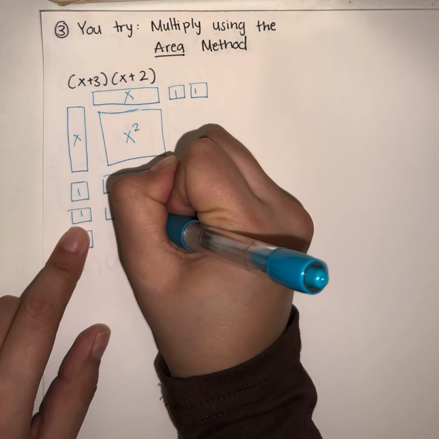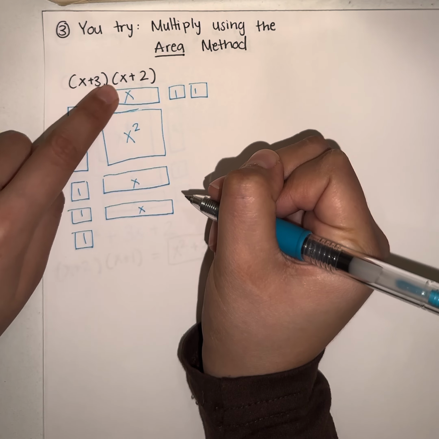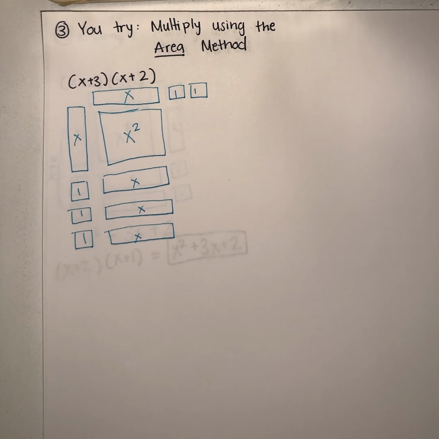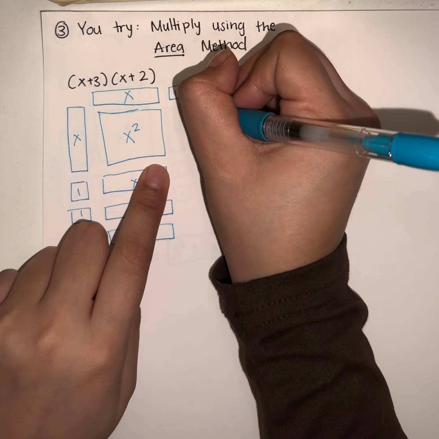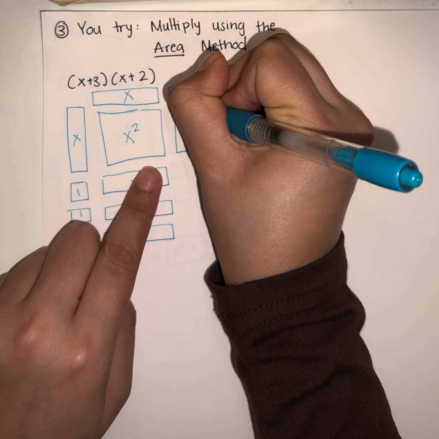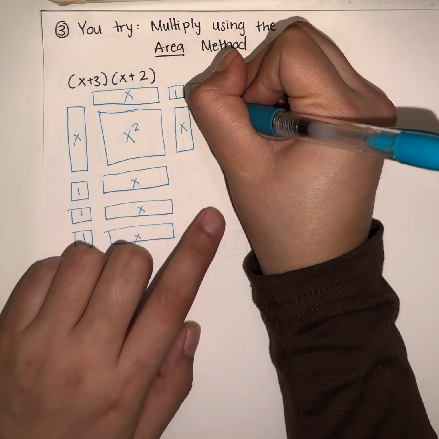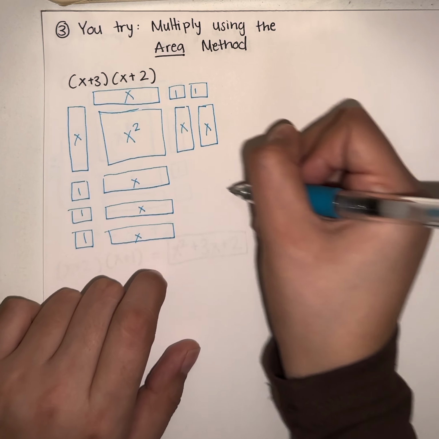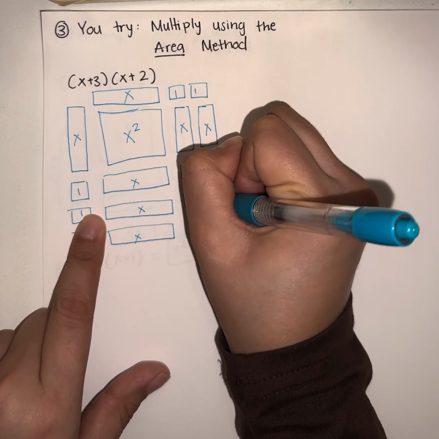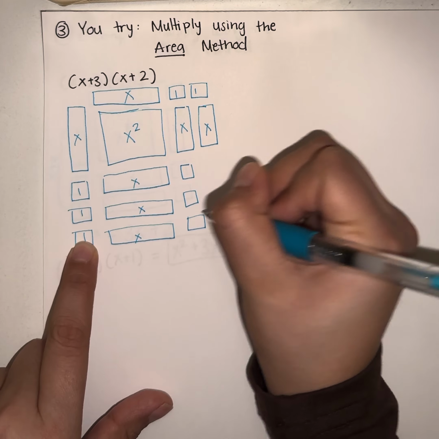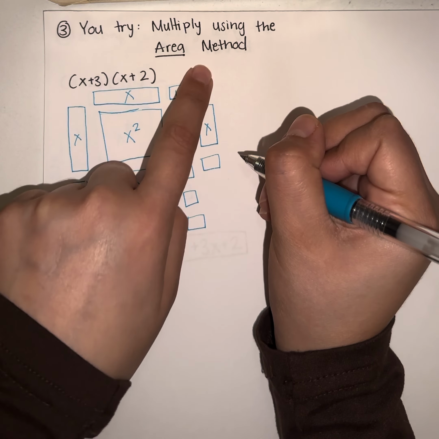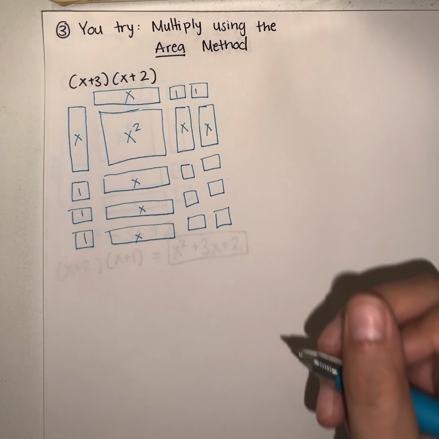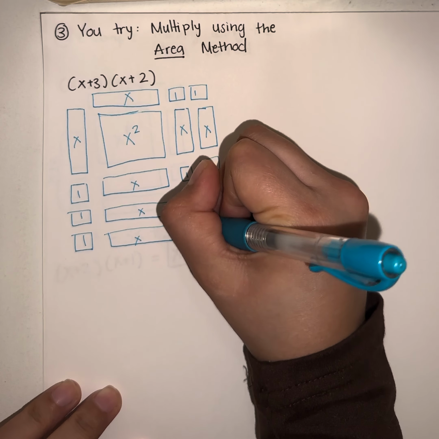Each x times 1 gives another x, so we fill in the x tiles across both rows. Wonderful. Now over here, x times 1, x, again. Moving on here, 1 times 1, that's just 1. Every 1 times 1 in the remaining squares is 1. All right, got that. Just labeling these for you real quick.